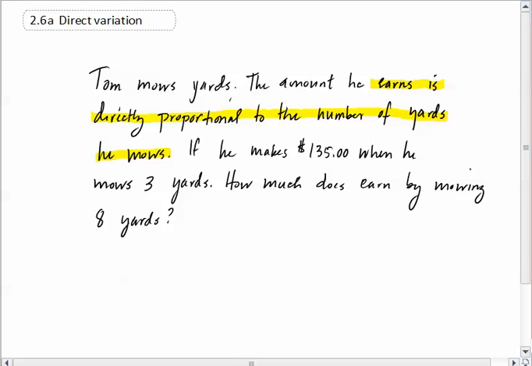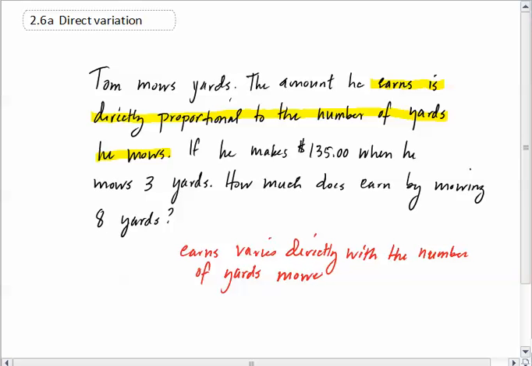I could also have written that this way: the amount he earns varies directly with the number of yards mowed. Okay, so we could slip this little red section in for that yellow section, and it means the very same thing.